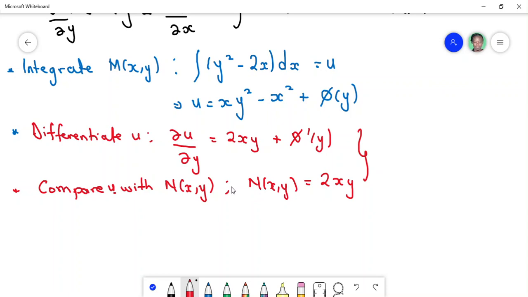So if you compare, what do you realize? I have the partial derivative of u with respect to y equal to 2xy plus the derivative here of the function phi of y. If you compare, we have this and that.